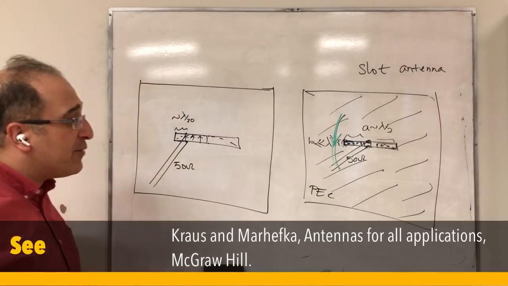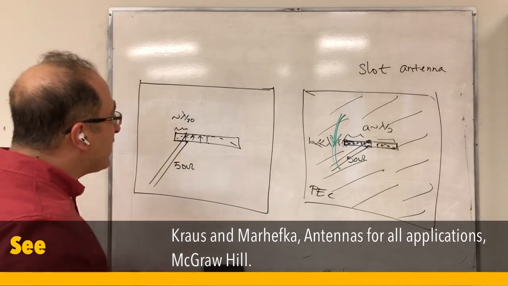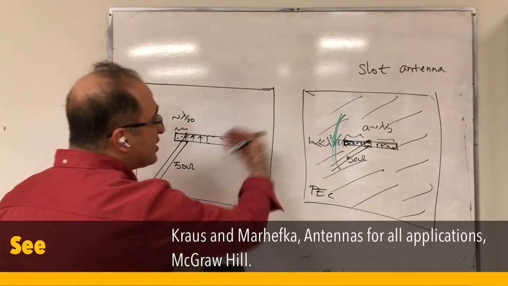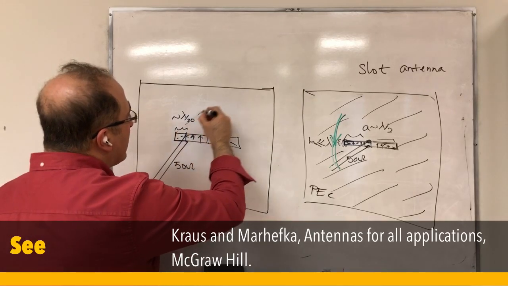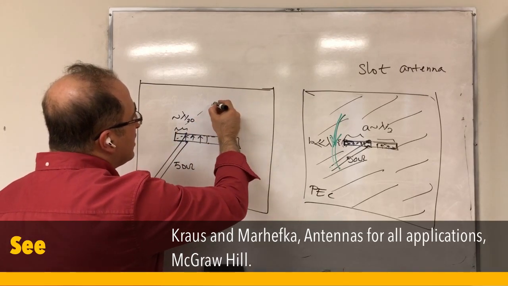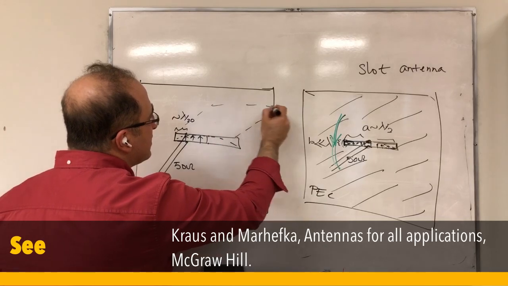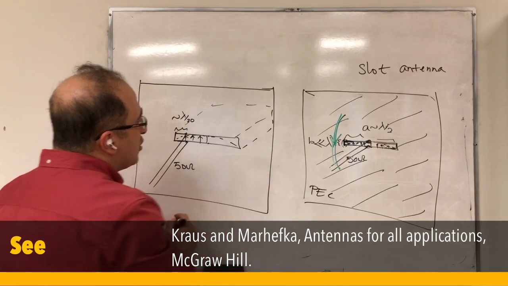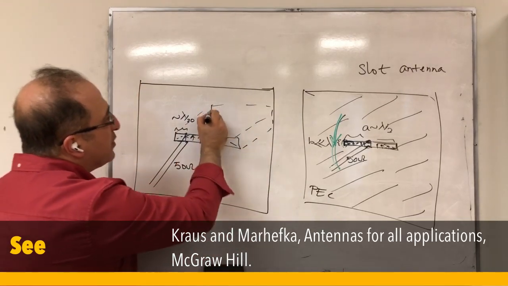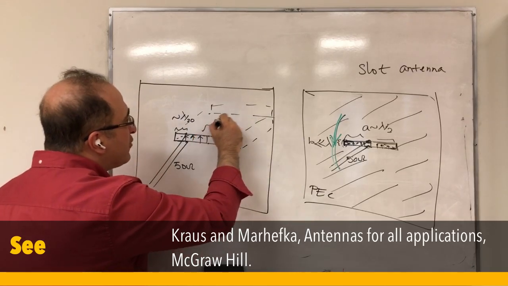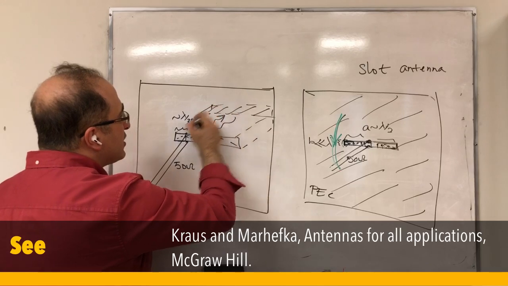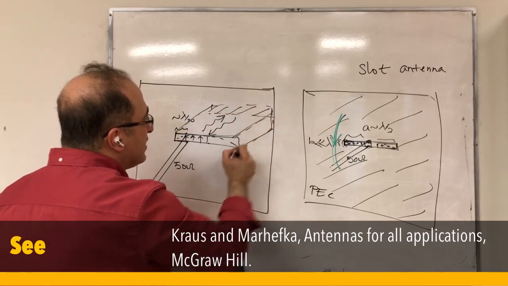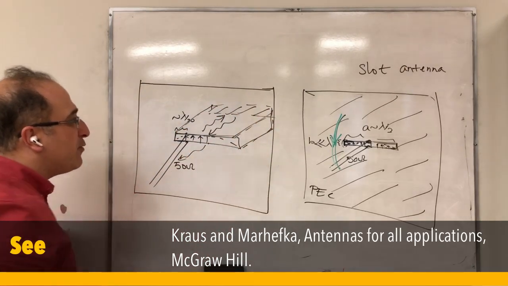So if you don't want radiation in the back, then maybe you can have a metallic box in the back. That essentially means you have a structure like this, so that this is completely metallic, so that when the wave goes in the back, it's going to reflect back, because this is metal, of course, and then continue in the forward direction.